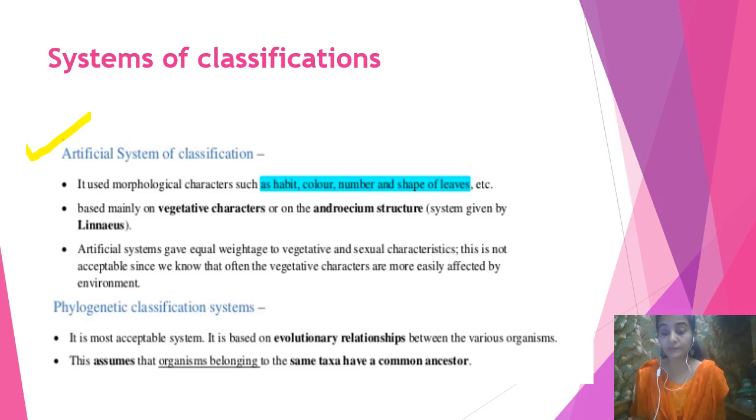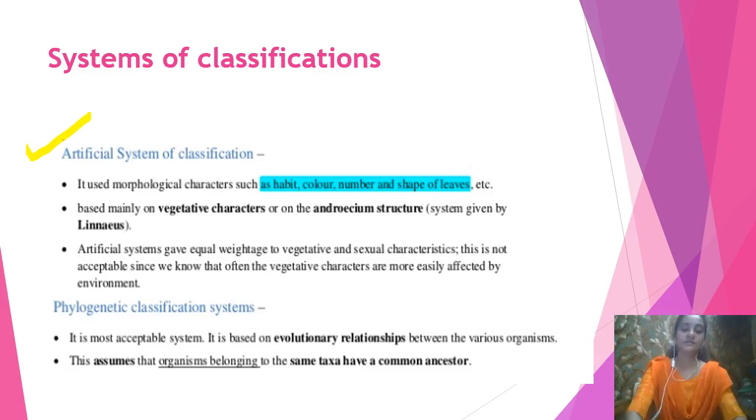If the environmental factors change, the vegetative characters can also change. So this is not a proper criterion. We are rejecting this system, but we learn it to see whether it can be followed. Since it used only morphological characteristics and gave equal weightage to vegetative and sexual characteristics, it is not suitable.